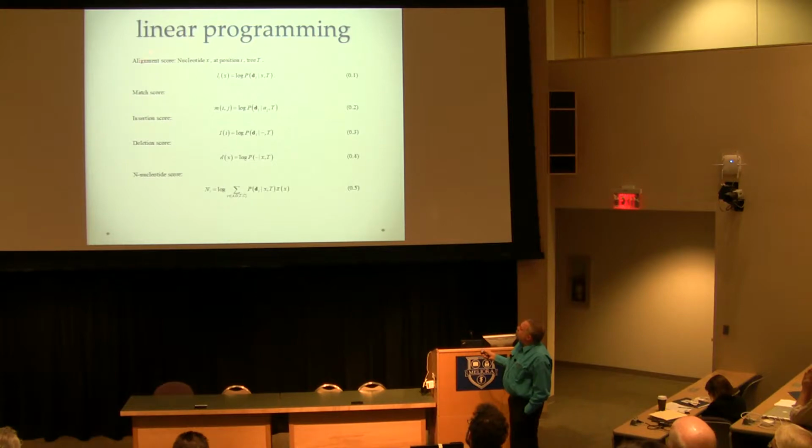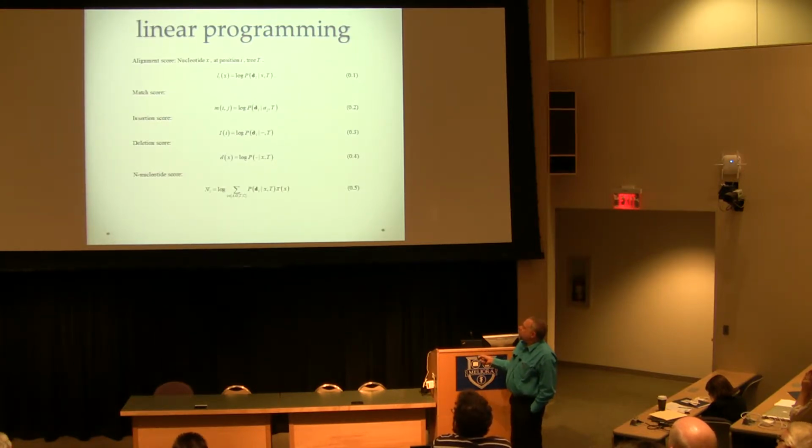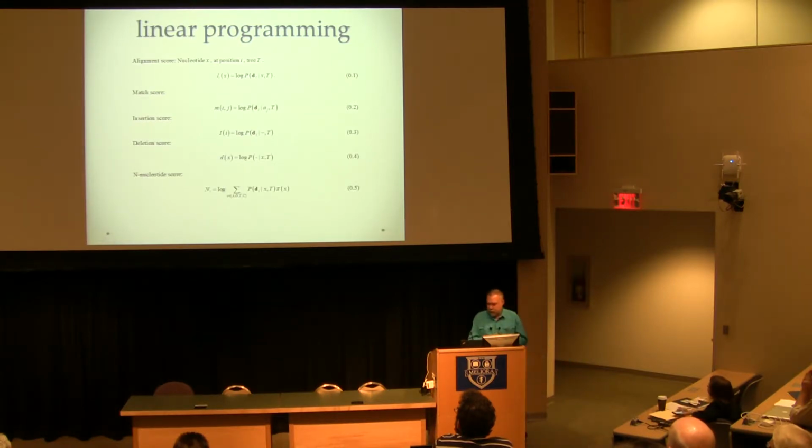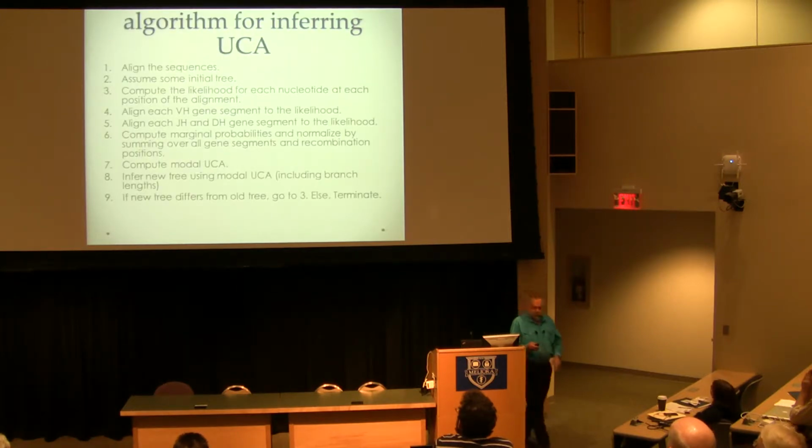So the alignment score for aligning X against D is just the log of the likelihood. We can similarly have an insertion score and a deletion score, all based on exactly the same likelihood. The only thing that requires a little additional thought is what you use for an N nucleotide score. But the point is that you can just use regular old dynamic programming as long as you make the appropriate substitutions.